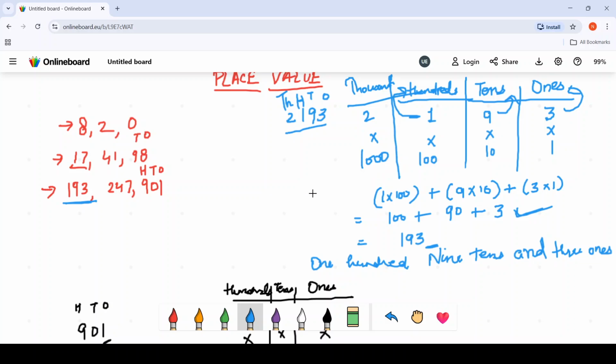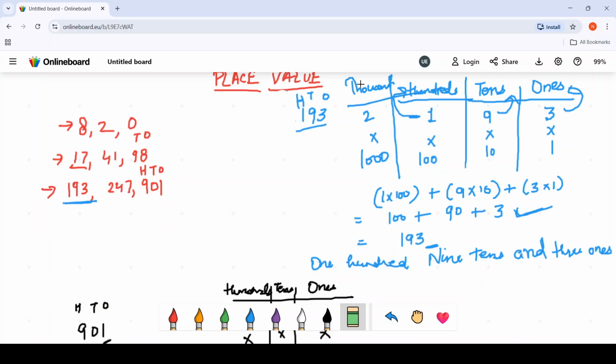All right, so now let's create it separately so that you don't get confused. I just wrote it here so that you know how a 3-digit and 4-digit number vary, right? How one more digit is added and accordingly one more column is added and the number becomes totally different, correct?